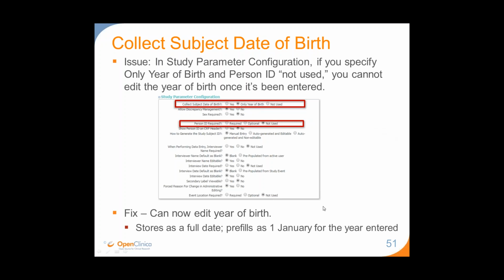Just keep in mind that what it's really doing behind the scenes is it stores the year of birth as a full date. It pre-fills January 1 for the month and day for the year entered. So on your extracts and when you're doing your analysis of your data, just be aware that even if you're only collecting year of birth, it's going to show that everyone was born on January 1st. So you'll want to strip out the month and day.